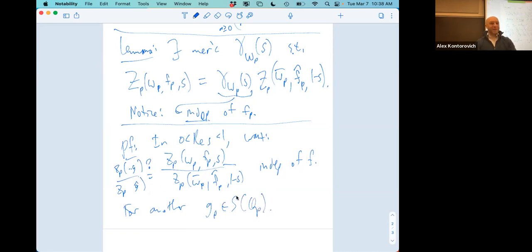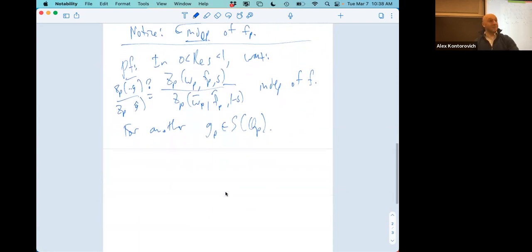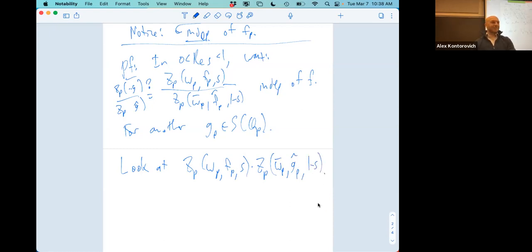Well, let's cross multiply and see what we get. We'll get a double integral. So let's look at Z_p of omega_p, f_p, s times, if I cross multiply, the product of that with Z_p of omega_p bar, g_p hat, 1 minus s. Again, we're in the region of absolute convergence for both of these integrals to make sense.